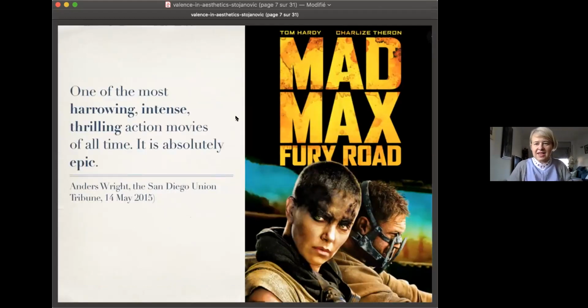So let's again look at some examples. I mentioned that the adjectives that I'll be talking about are intense and harrowing. So here is again an example from a review of the movie Mad Max Fury Road, where the author says that it is one of the most harrowing, intense, thrilling action movies of all time. It is absolutely epic.